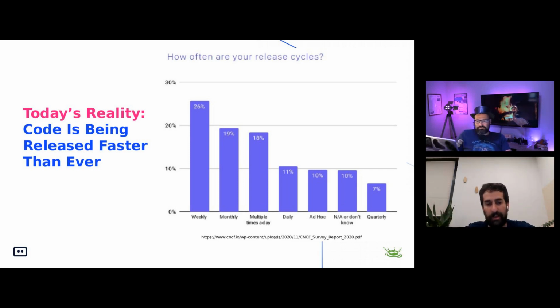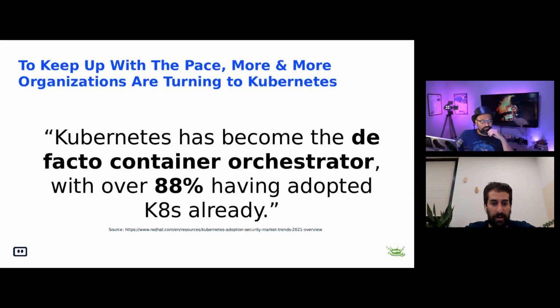In this new and exciting world, Kubernetes became the de facto container orchestrator. But more than that, it became the default platform for deploying applications in the cloud. Even with the small rise of Lambda and serverless, for most organizations, most of the heavy workload is done in Kubernetes, or if it's not in Kubernetes yet, it is going to be in the future.